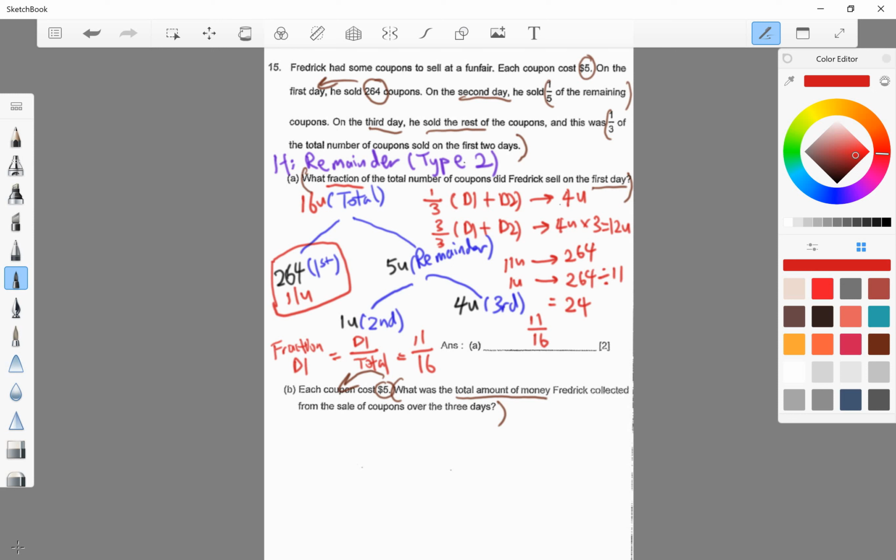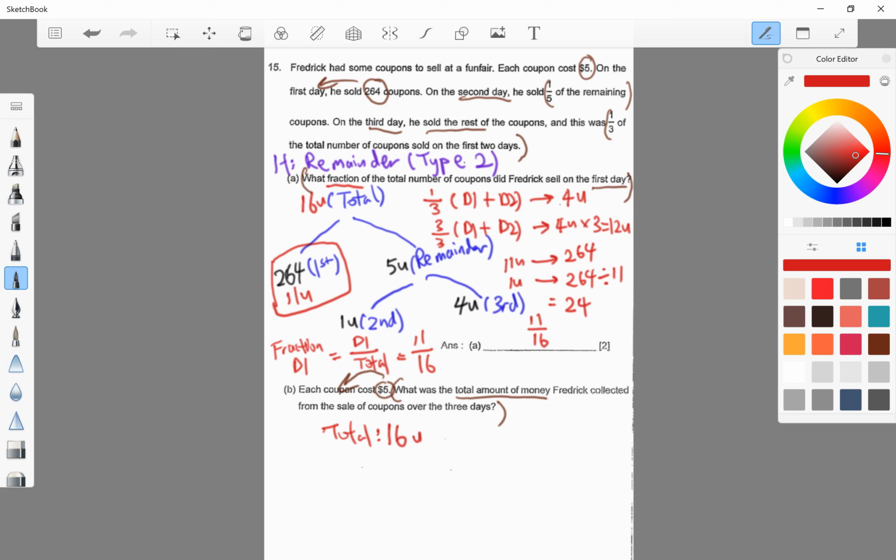Then the next part, they are trying to say that each coupon costs $5. Then what was the total amount of money collected from the sale of coupons over the 3 days? Now, if 1 unit is actually 24, I know for sure that the total number of coupons has got to be 16 units, because like what I always mention, T for total, T for the top.